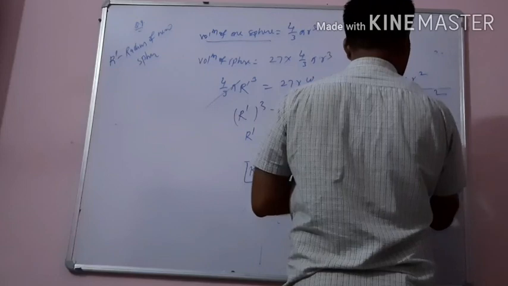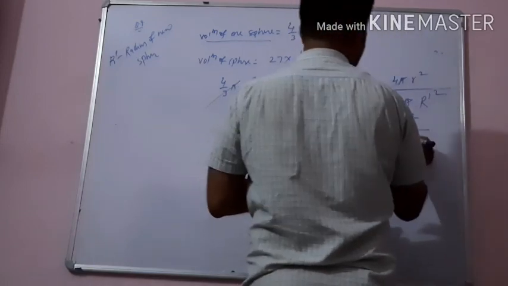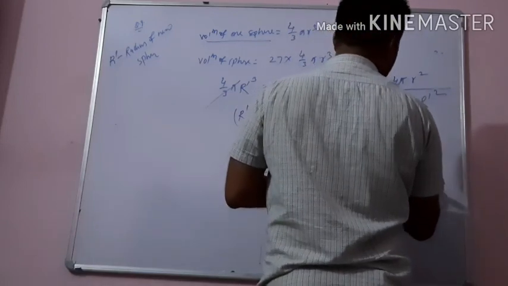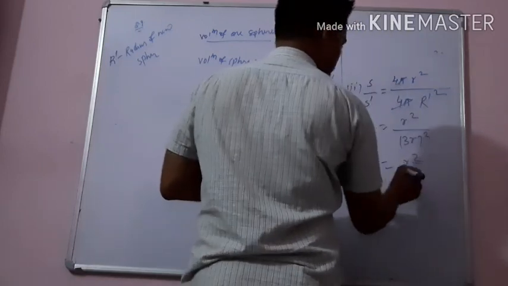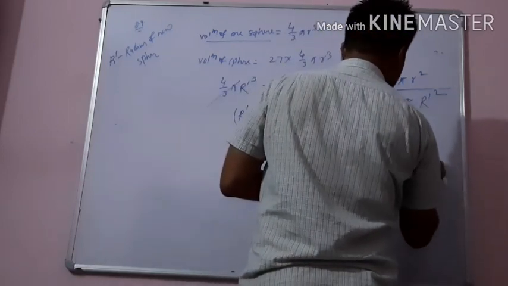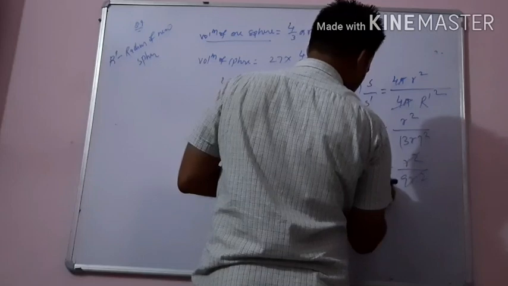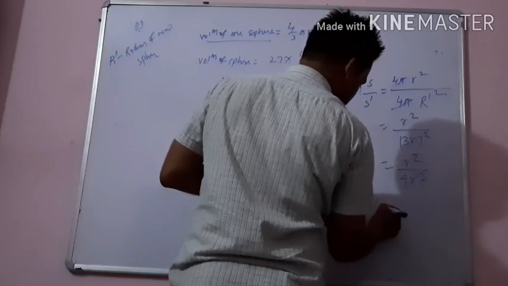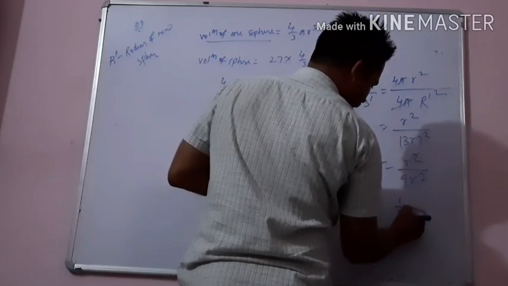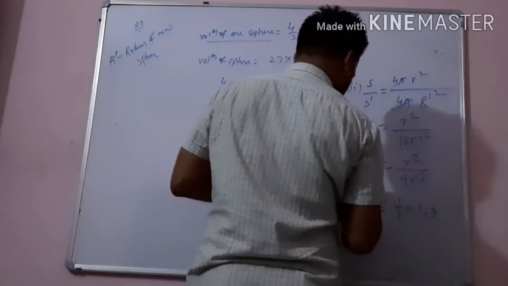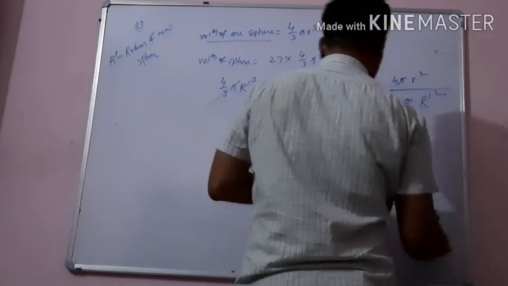R square upon r dash square, where r dash equals 3r, so 3r square. R square upon 9r square. R square cancels. So S ratio S dash will be 1 upon 9, that is 1 ratio 9. Solve the remaining questions. Thank you.